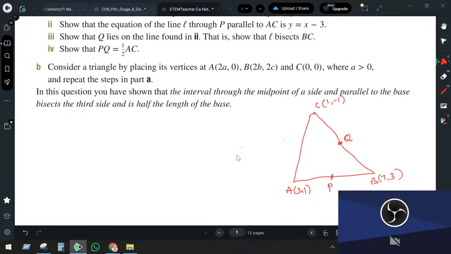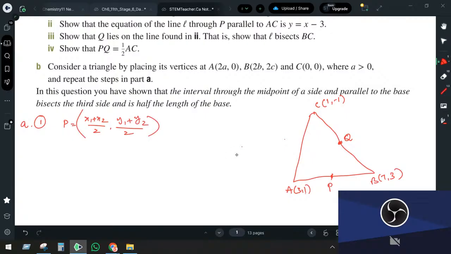Let's go with the first point. What is the midpoint P? P equals (x1 plus x2 by 2, y1 plus y2 by 2), which equals (3 plus 7 by 2, 1 plus 3 by 2), which equals (5, 2).